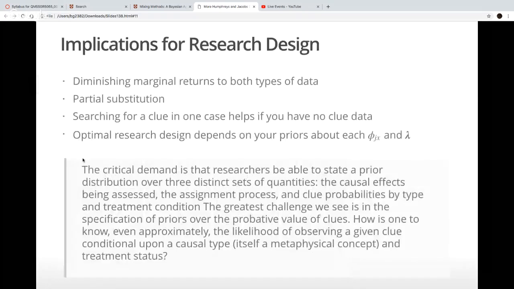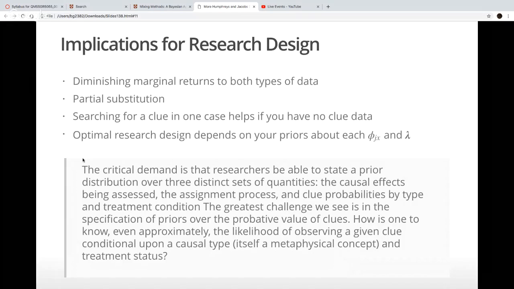Okay. So they have some examples in the Humphreys and Jacobs paper and come up with the following implications for research design. One of which is that there are diminishing marginal returns to both types of data. So if all that you have is X and Y, then getting even one observation where you find the presence or absence of a clue can make a big difference to the accuracy and the precision with which you estimate the treatment effect.